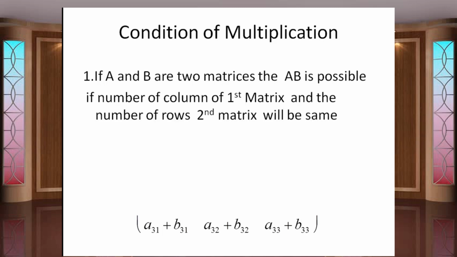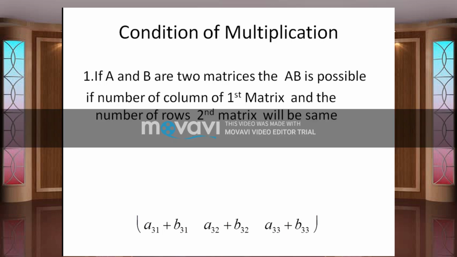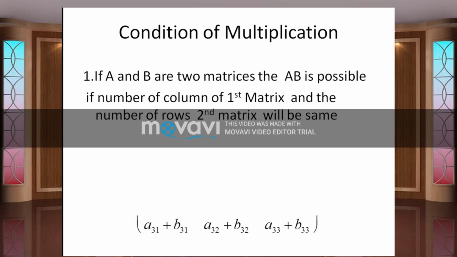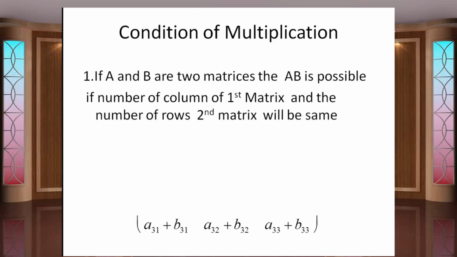Similar things here: multiplication is different. The condition is that if A and B are two matrices, then AB is possible, that means they can be multiplied, if the number of columns of the first matrix, listen very carefully, equals the number of rows of the second matrix. Previously we started our talk with rows, but here for multiplication, the number of columns of the first matrix will be the same as the number of rows of the second matrix.